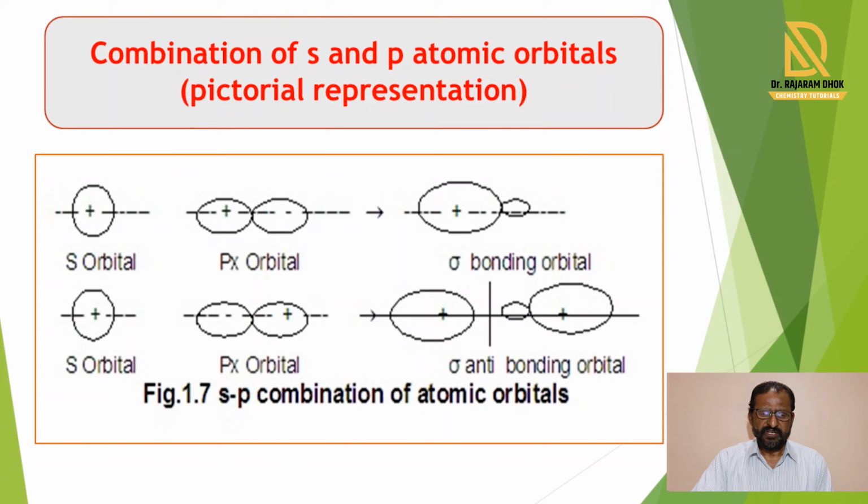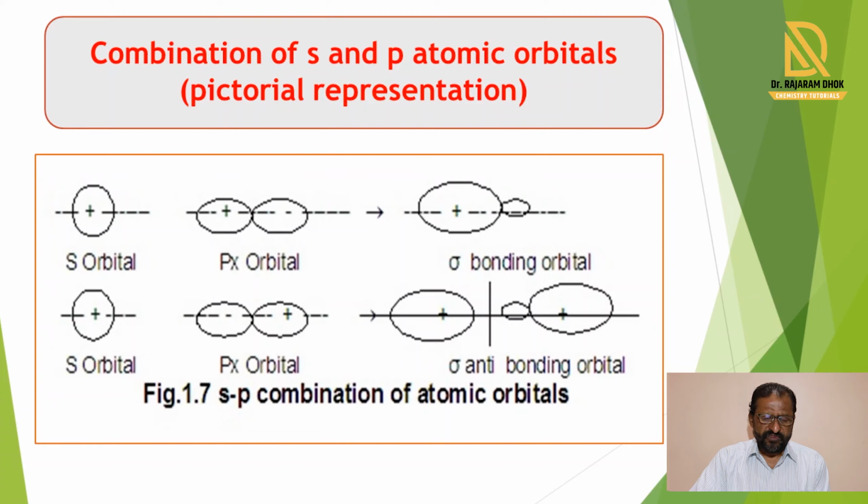Generally we consider px and s to be in the same symmetry positions, and py is perpendicular to px, and pz is also perpendicular to px. When the wave functions of the s orbital and px orbital are the same, that is plus plus towards each other, there is formation of a sigma bonding molecular orbital.